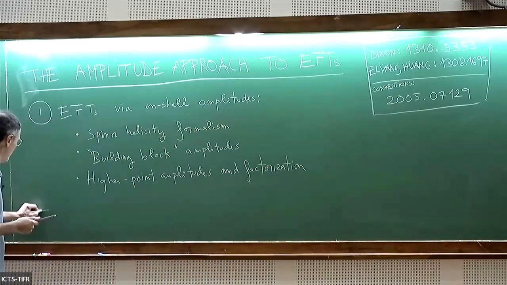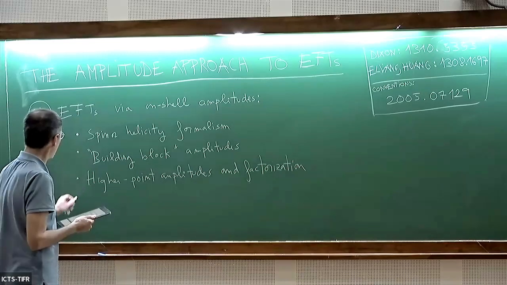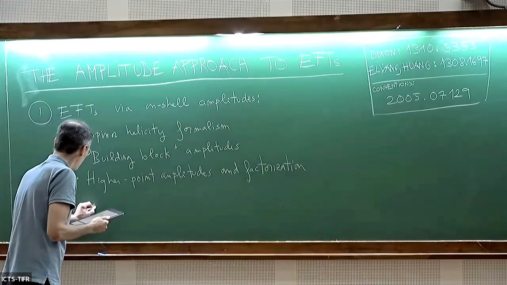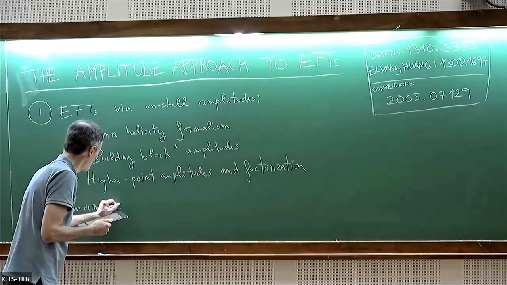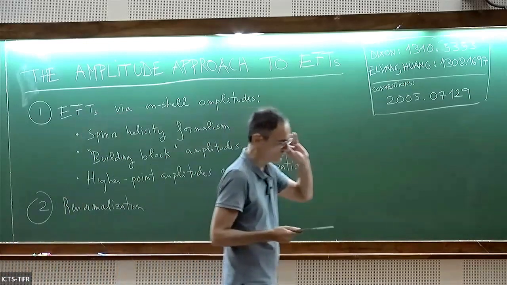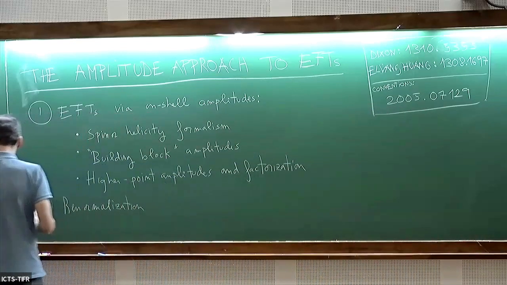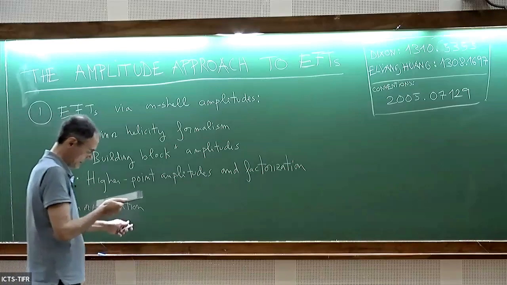And the second part, as I said the first would be tree level, is going to renormalization, a kind of alternative to what Rodrigo is showing to you. At the end of the day, the results must be the same, and are the same, of course, but these are done in a different way.